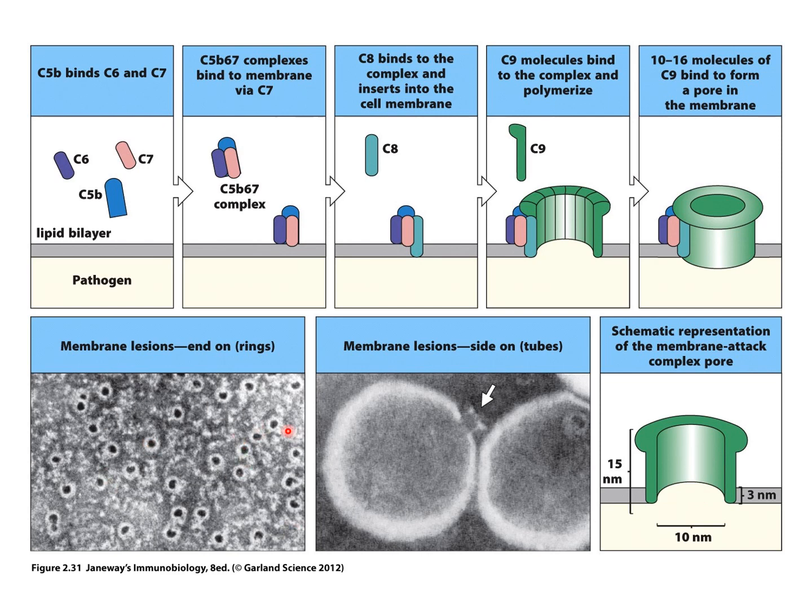Here they're showing a transmission electron micrograph of the surface of a cell that has these C9 pores embedded in it. Here they're showing you a lateral view, so you can see it actually is a protein complex that goes all the way into and through the membrane. This now becomes an open channel for everything inside the cell to leak out.